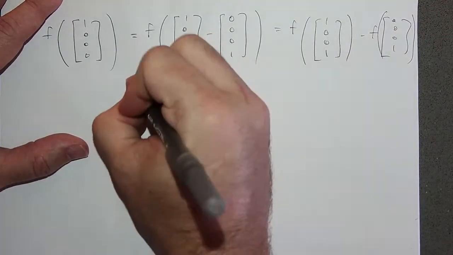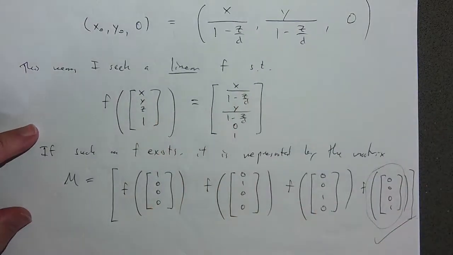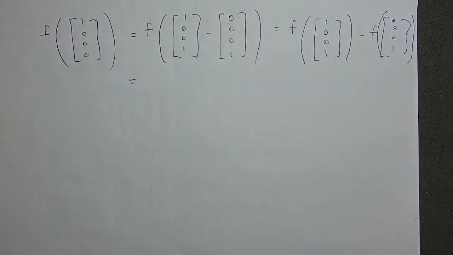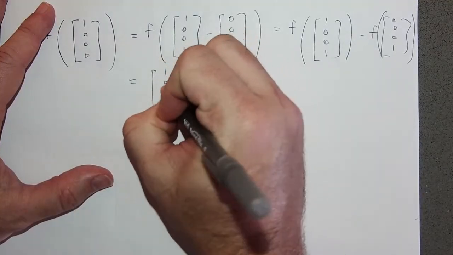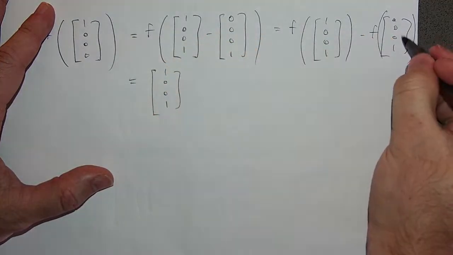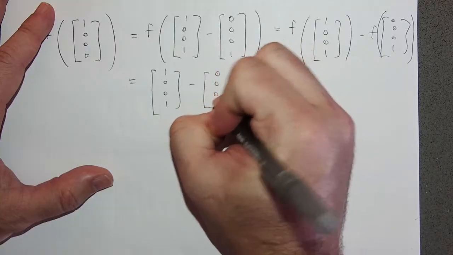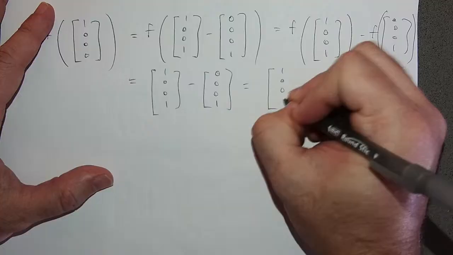This is how it works. What is this? f of 1, 0, 0, 1 is 1, 0, 0, 1. We've already seen that f of 0, 0, 0, 1 is 0, 0, 0, 1. And so f actually fixes this vector. This is 1, 0, 0, 0.